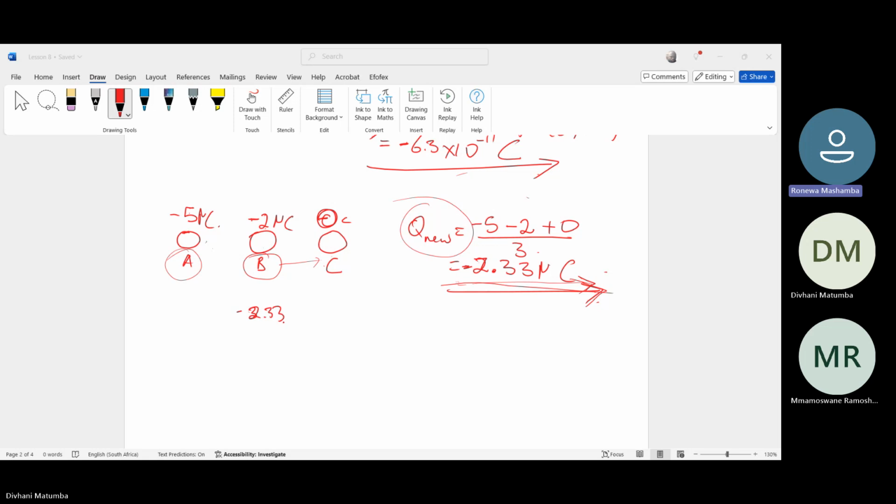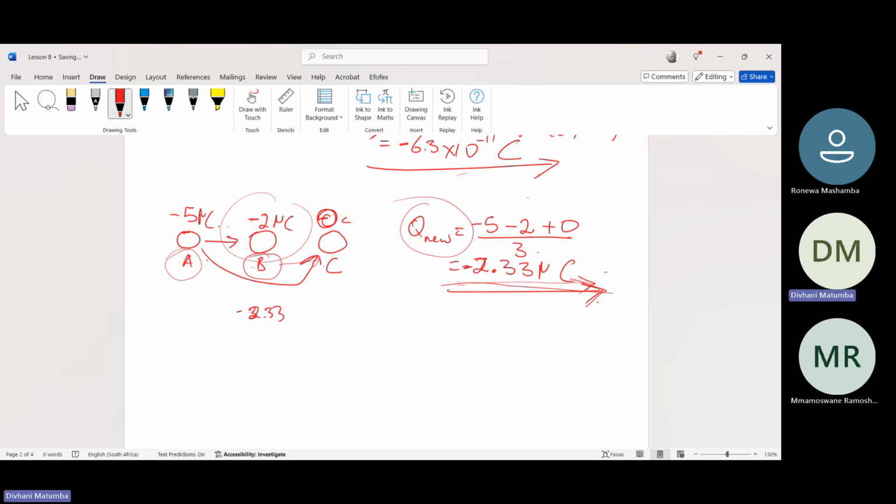We got more electrons. So do you see that electrons will be transferred from A to B, and also a lot of them will go to C? A little portion will come to B, and then another portion will go to C. Mamswan, do you agree?